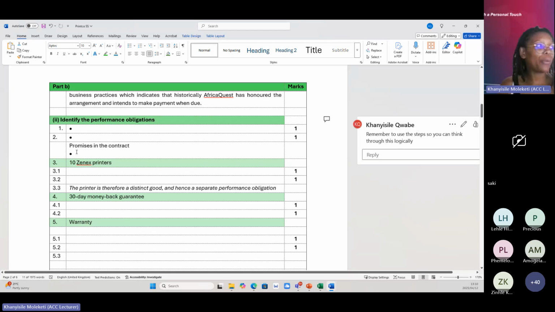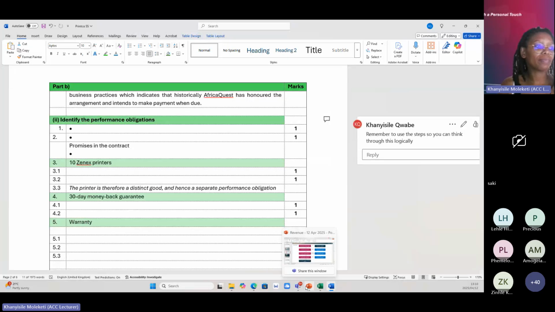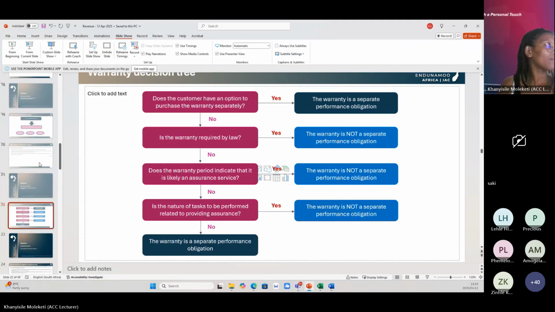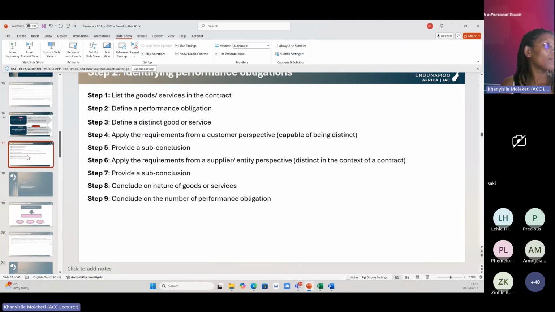We will then apply the remaining steps from this slide to all 4 of those promises. So define the PO, apply customer perspective, apply entity perspective, and sub-conclusion for each of those 4 promises. But the first thing will be listing those promises, right? The goods or services in the contract.